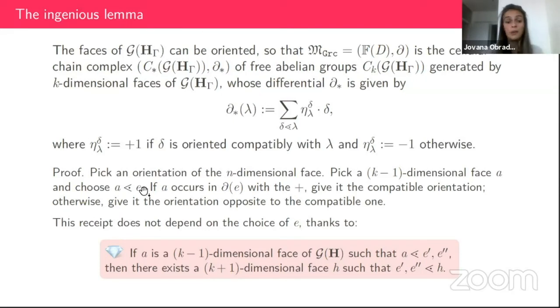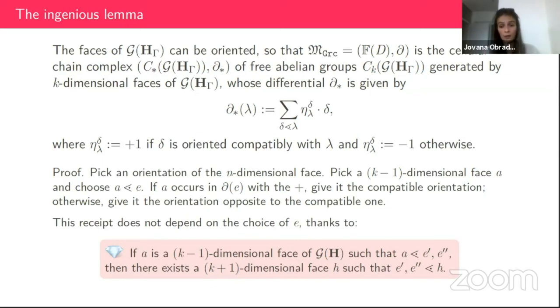We call the property the diamond property. And the property says precisely that if a face A is covered by two faces, E prime and E second, then there exists a face H that contains E prime and E second in its boundary, okay? It sounds very simple, but actually this is not satisfied by an arbitrary convex polytope.